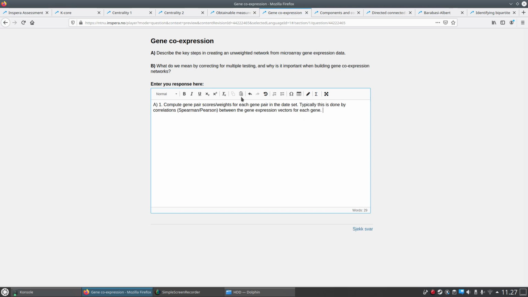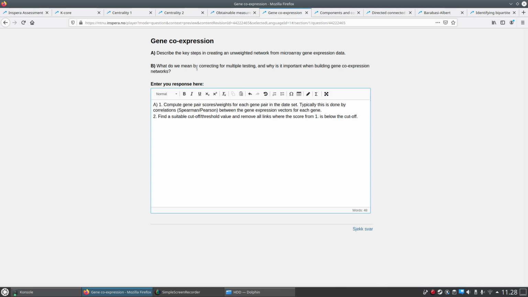But first, you need to compute a set of scores for each gene pair, and then two, find a suitable cutoff or threshold value, and then you just remove all the links between gene pairs where the score found in one is below the cutoff.